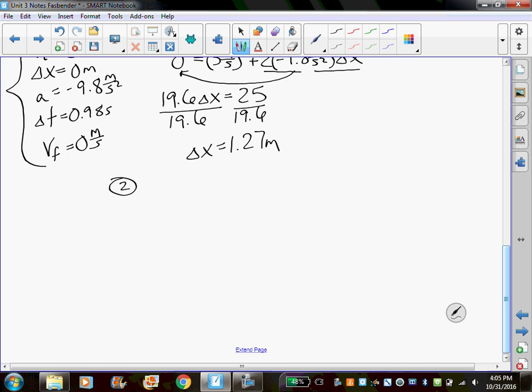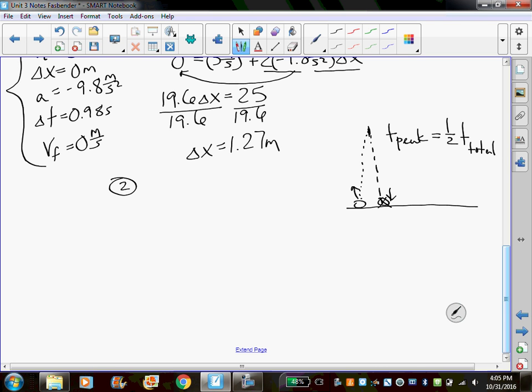Now this ball is being shot, and then it's coming back down and it's landing. The time it takes for this thing to go up to its peak is going to be 1/2 of the total time that this ball is in the air, because it's shot and landing from the same place, so as much time as it takes to go up, it must take the same amount of time to come back down.